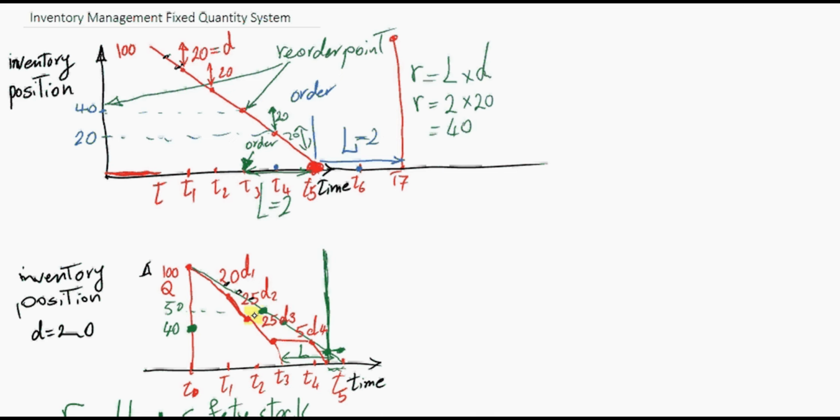If before the reorder point, before we put a purchase order, the demand changes, it just makes us make the order sooner. But once we put an order when we are at 40, the order is shipped to us, and now we have to wait 2 units of time for the products to arrive, and that is what matters for us.